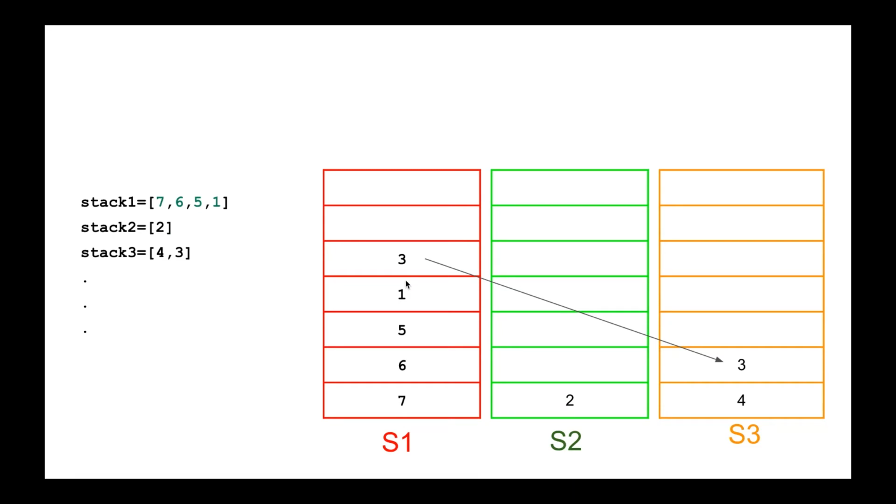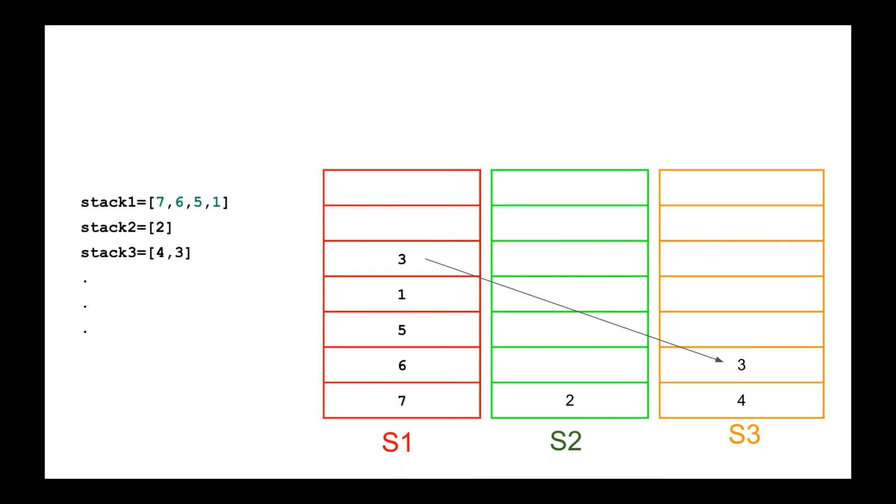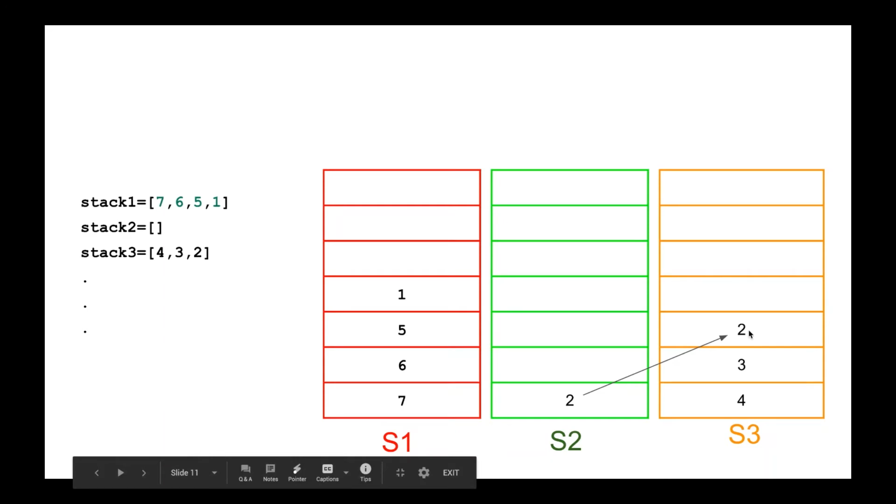So what would happen in this case? We can send 2 to S3 and we can access 1 to put it in S2 and use it as a final container, because 1 is actually the first number that we need to keep sorting the numbers. So we are pushing 2 to S3 and continue with 1.